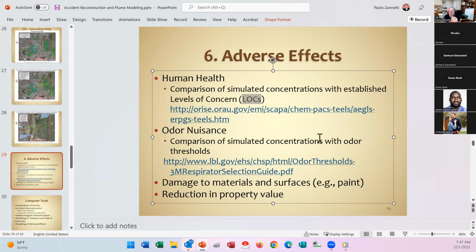And there are concentrations above which you would expect some adverse health effect. So the difference, if you think about it, is important. One is below, no effects, and one is above, we expect effects. Maybe only on some number of people, not everybody. So these are initial values that you can use to compare with the results of your model.